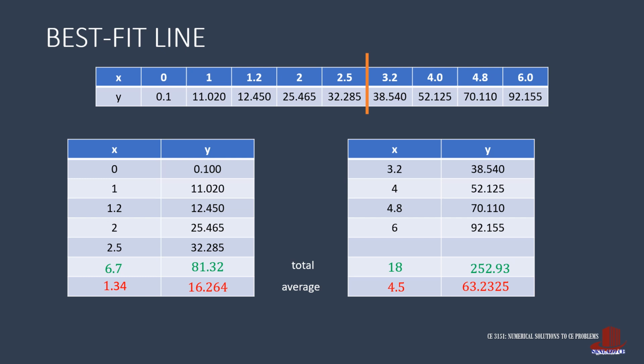The partial equations are then generated. The first is 16.264 as equal to 1.34a plus b. Then the second table gives 63.2325 as equal to 4.5a plus b.